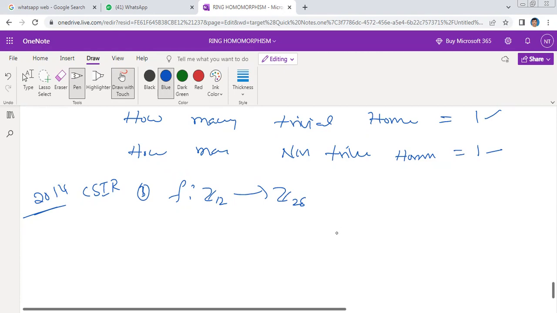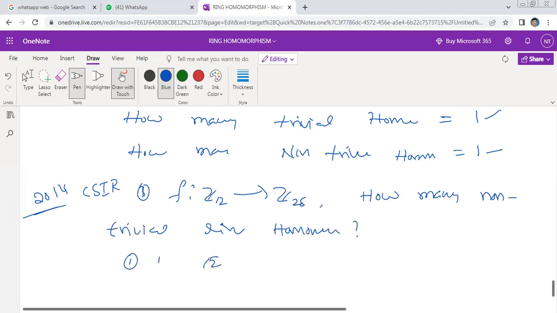How many non-trivial ring homomorphisms? The options are: first option 1, second option 3, third option 4, fifth option 5.